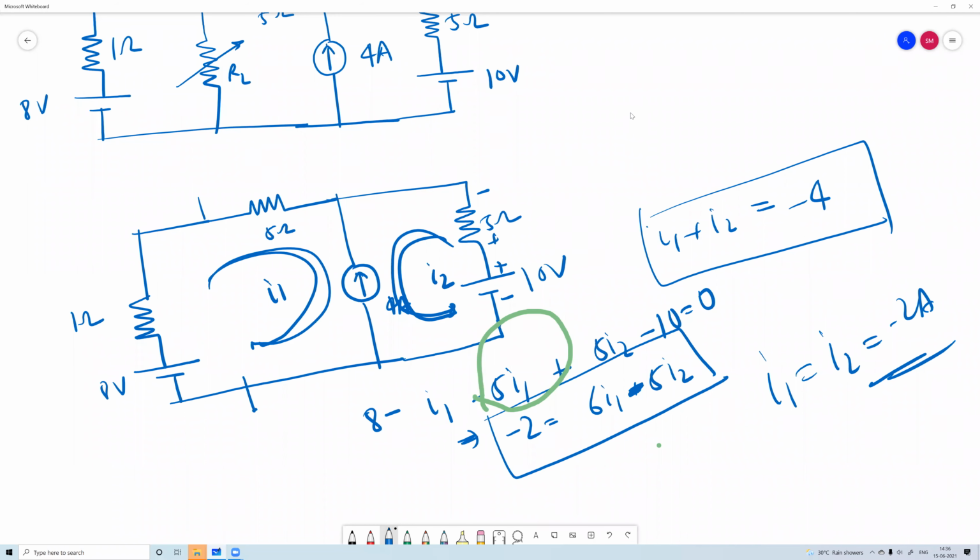Check. See, if you put I1 and I2 equal to minus 2 in these two equations, both of them are satisfied. So this has to be the correct answer. If you are getting these equations, then you have to get this answer.